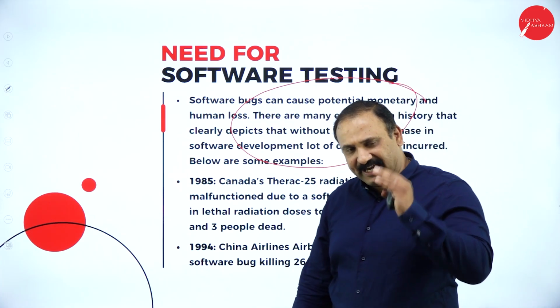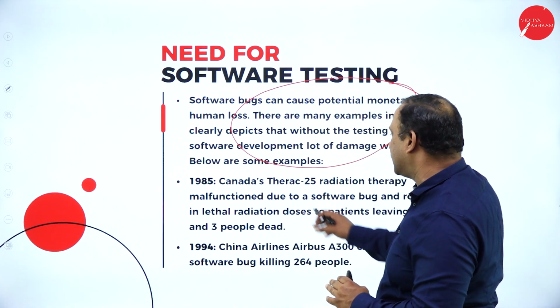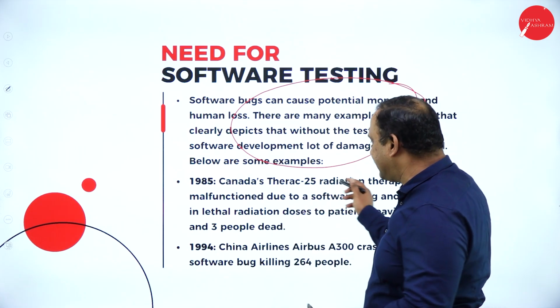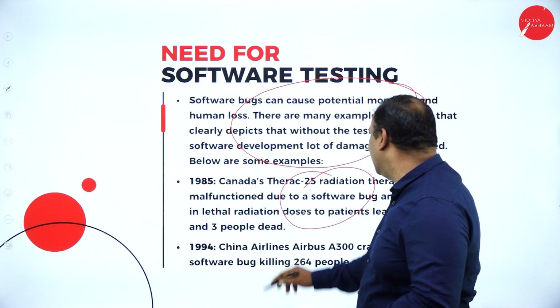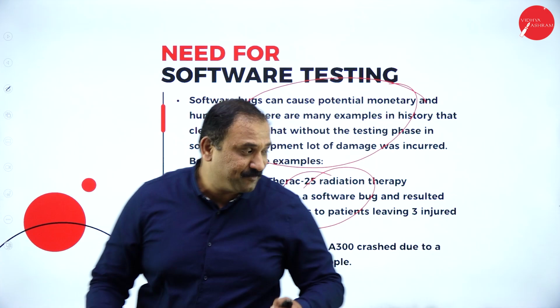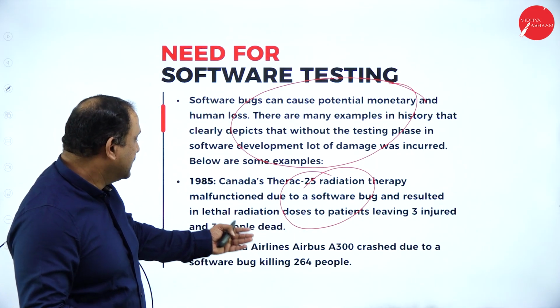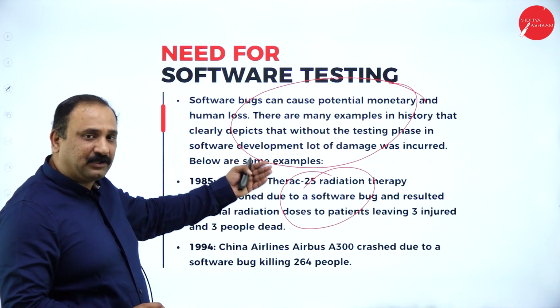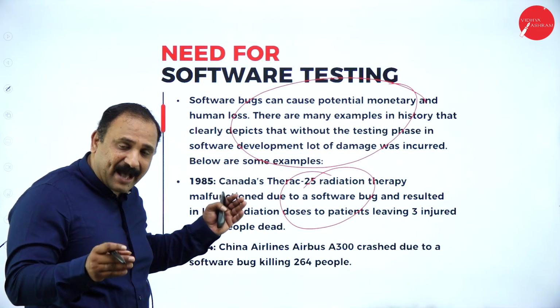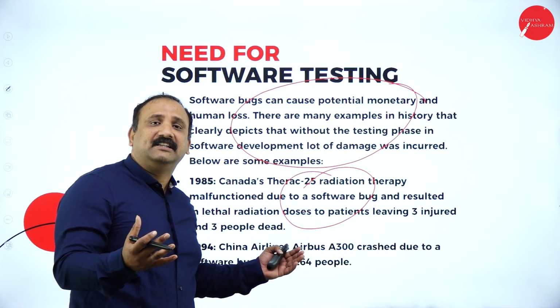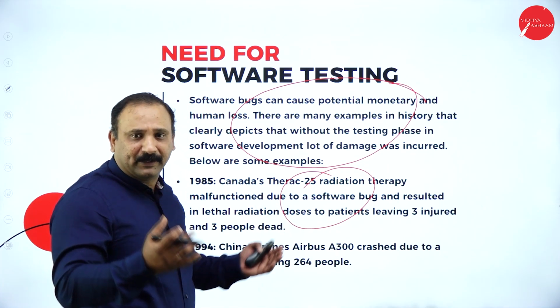Now, let's just take an example here. In the year 1985, Canada's Therac-25 radiation therapy malfunctioned because of a software bug, which led to lethal radiation doses to patients, leaving 3 people dead and 3 more injured. Why did this happen? Because they forgot to test for the bugs that are involved in that particular software.